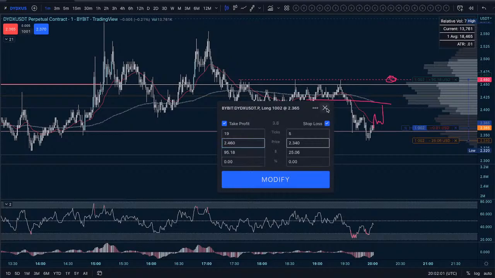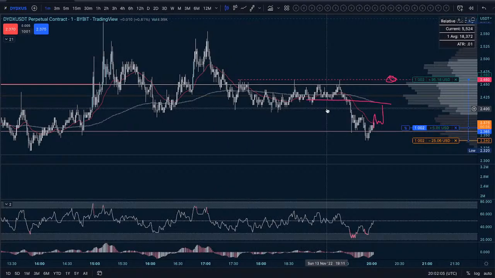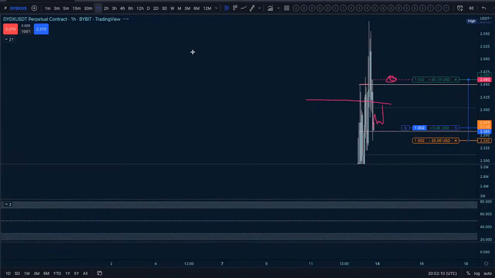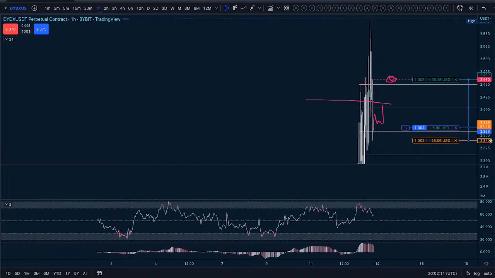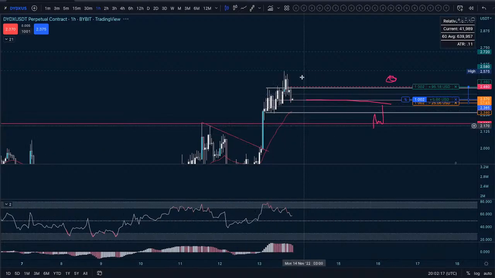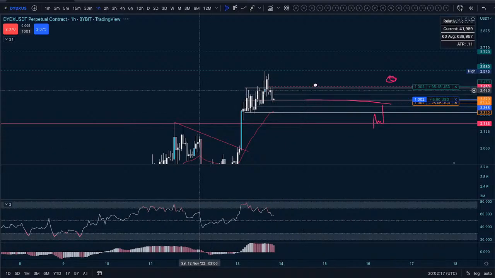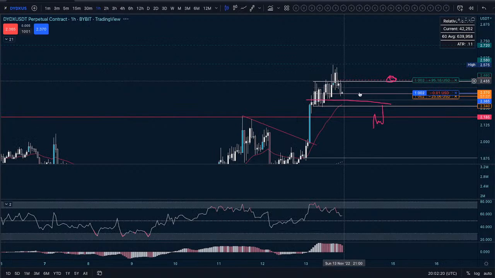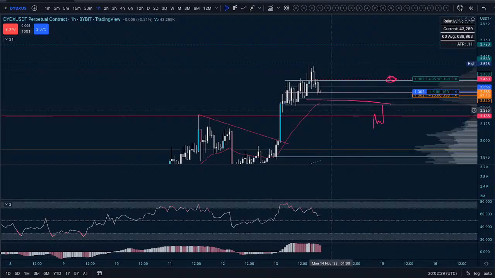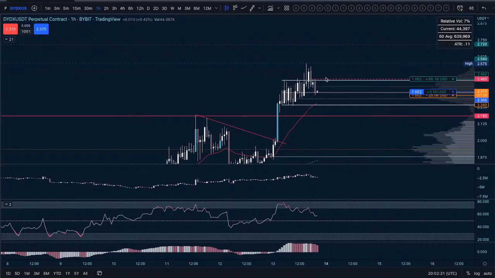So take profit one, take profit two. The thing is, I'm just playing along right now. I don't want to be the contrarian that shorts this. There's gonna be time to short, but right now it's not quite there, I think.